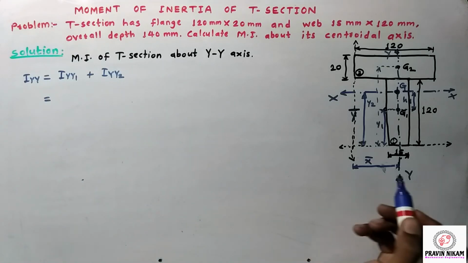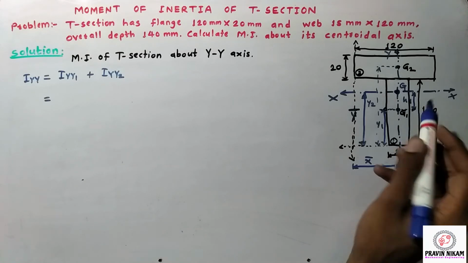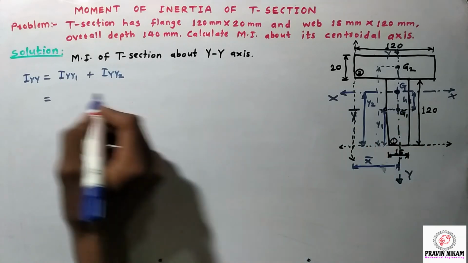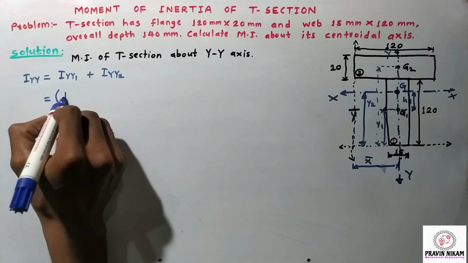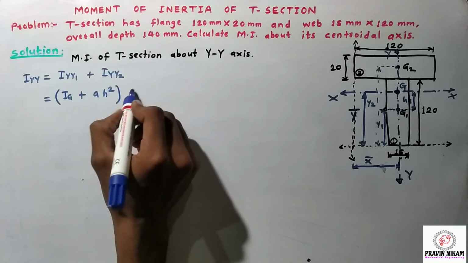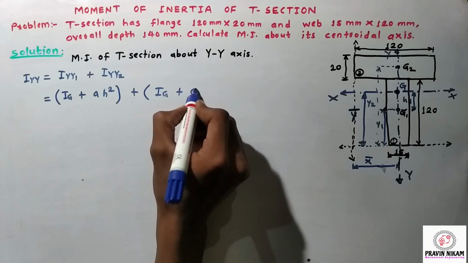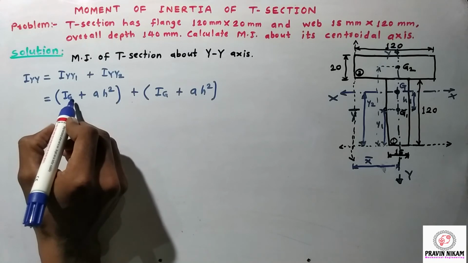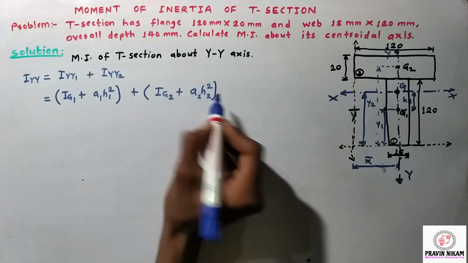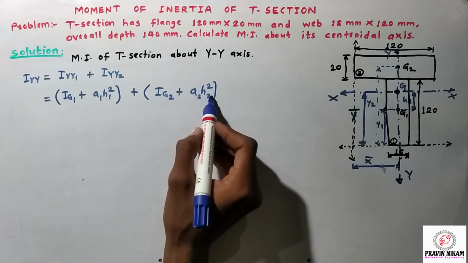So again the centroids are not at one point, so use parallel axis theorem. So that is Ig plus AH square. This is for section 1 and this is for section 2. Now this is for section 1, so write 1 here. This is for 2, so write 2 here. So Ig1 plus A1H1 square plus Ig2 plus A2H2 square.